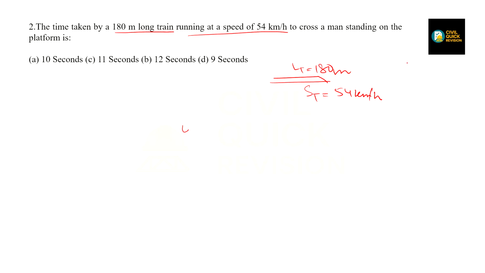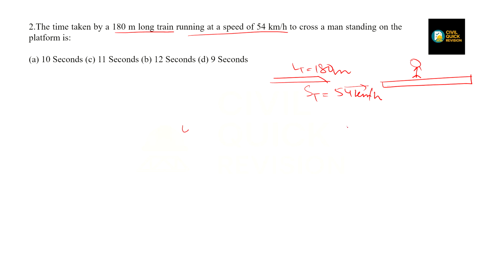Here the train crosses a man who is standing on a platform. Then what they ask is the time taken by the train to cross this man standing on the platform.